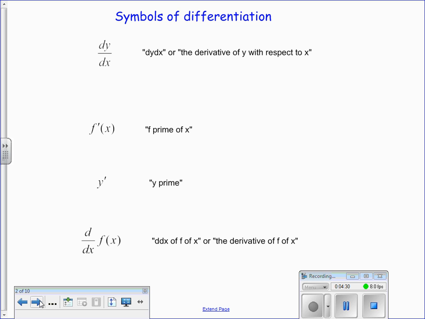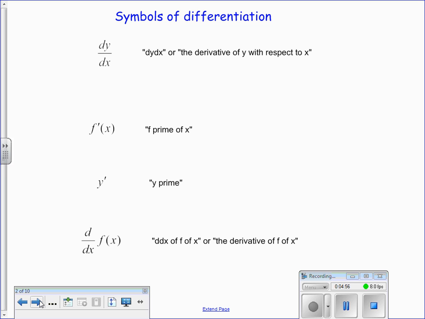That is how we pronounce dy dx. That's what it means. F prime of x. We've already talked a little bit about f prime. Okay. There is y prime. If it's y equals instead of f of x, we can use y prime. Same thing, derivative. Y prime, dy dx, f prime, same thing. Just different forms of saying the same thing.